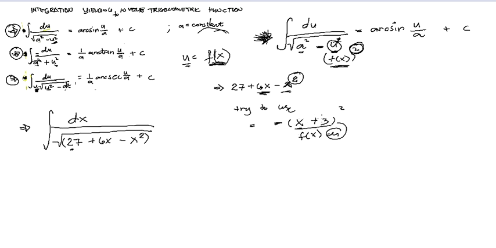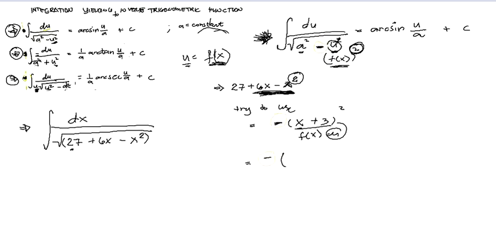Then let's expand this form in order to check if we come up to our original function, which is 6x minus x squared. We have this negative sign there.